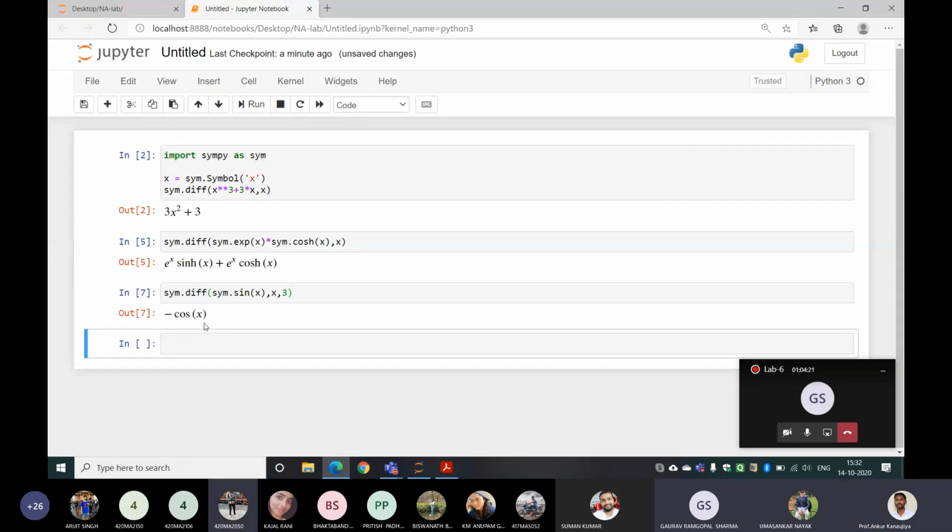Since INT specifies the integer, I think it will not work. Because it is for integer, definitely it will not work, right? So what can be the command for integration? INT will not work because INT is already defined for integer.